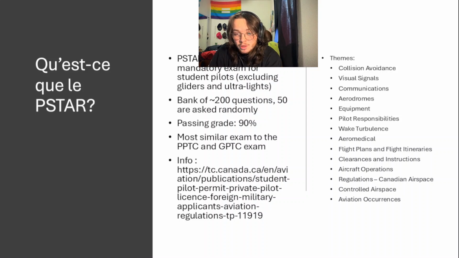By next class, we should probably be seeing aerodromes, equipment, pilot responsibilities, wake turbulence, maybe aeromedical if I'm feeling really snazzy about it. But yeah, once again, communications was really long today. So in future videos, I'd be able to fit more topics into a video.